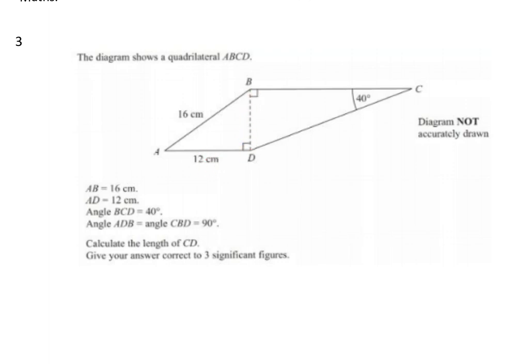We can find BD from Pythagoras. So BD equals square root of 16 squared minus 12 squared, which equals 4 root 7.